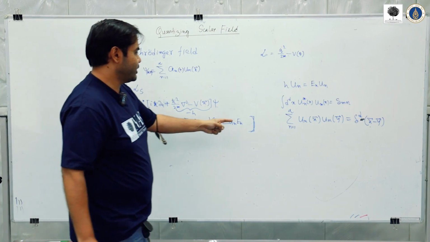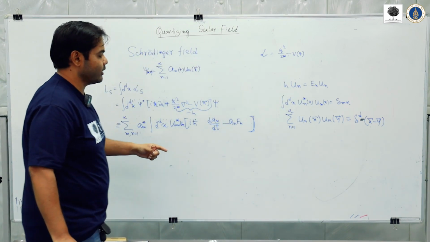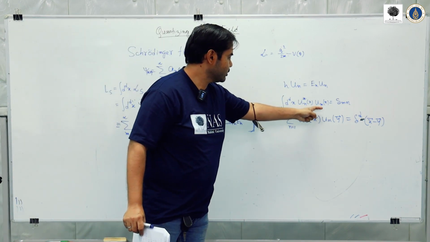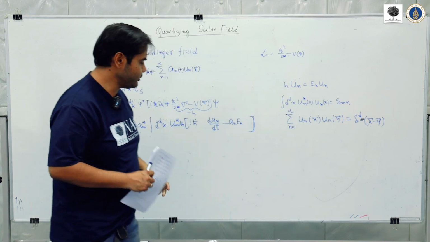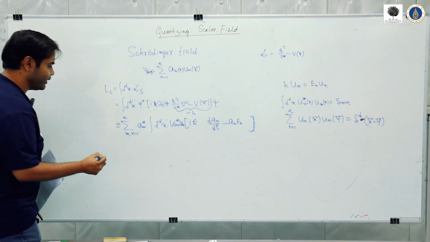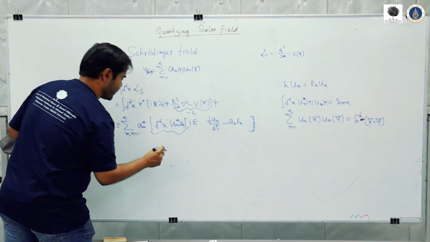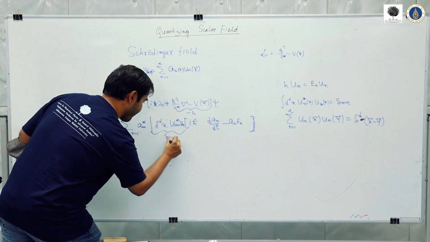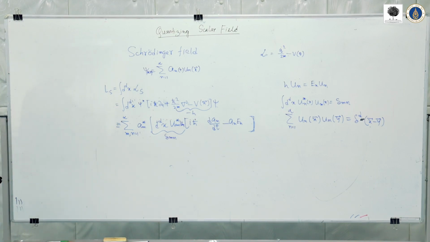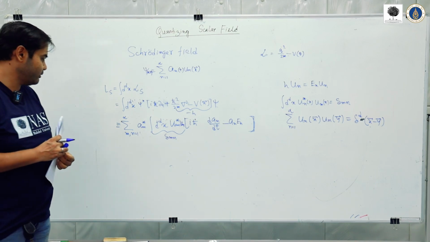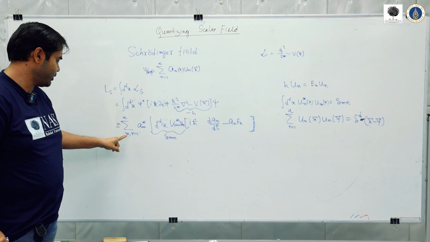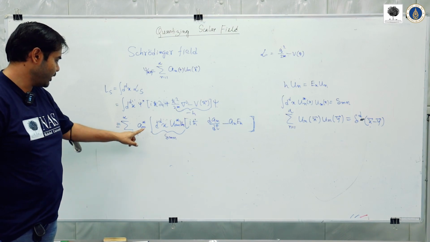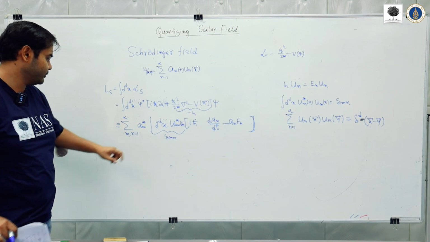We can use the completeness condition, or rather the orthogonality condition, and this whole integration, which extends only to this part, will give you a Dirac delta. And applying this Dirac delta, we can get rid of one of the summations. Say we get rid of the m summation, and this m index will become n.